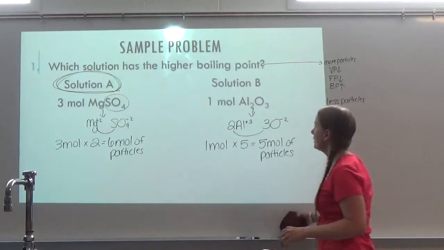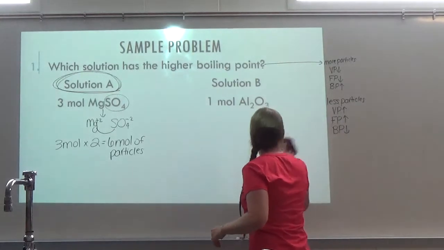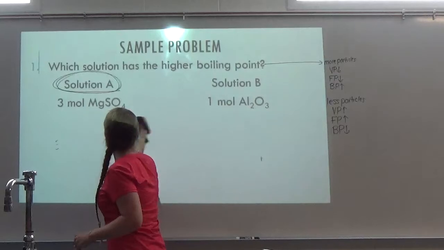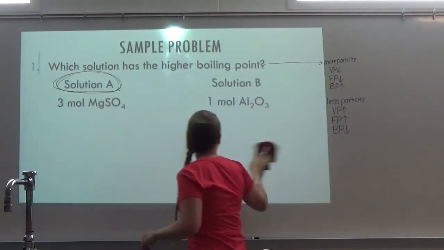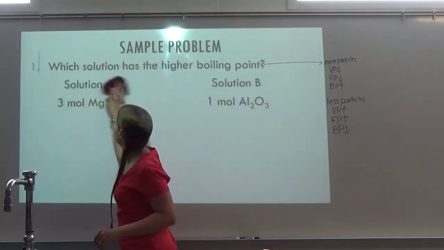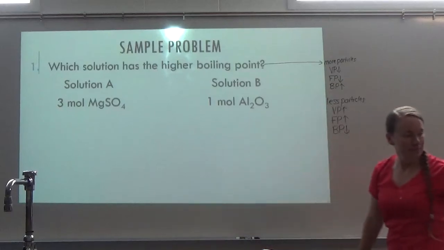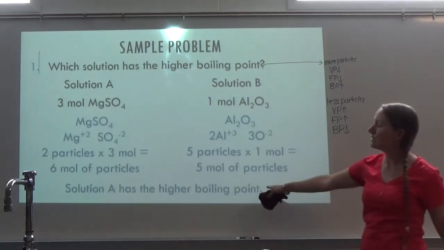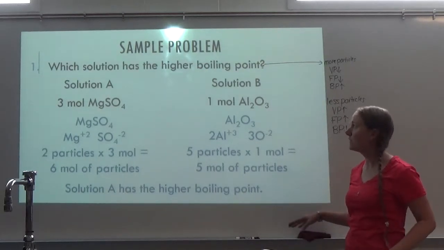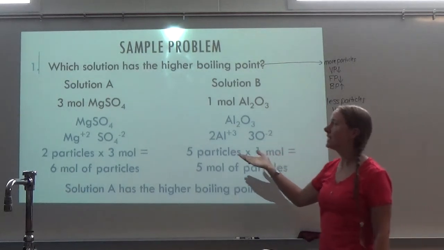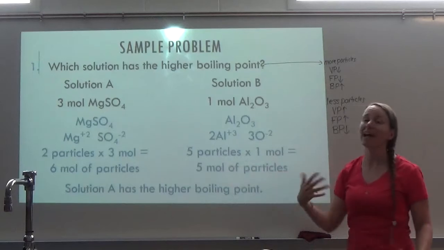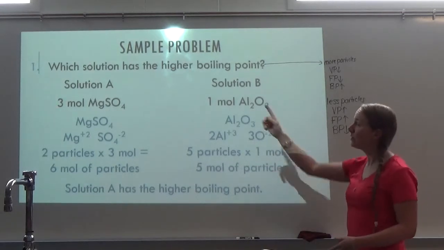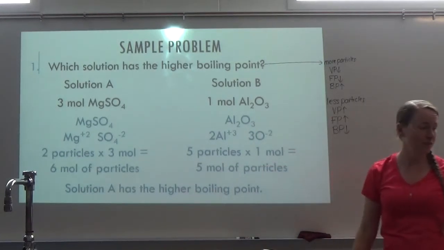So here, let me show you my work real quick again, because I know it's on my PowerPoint. Look. All right, and so we get 6 moles for the first one, 5 moles for the second, so solution A has the higher boiling point. Like I said, I know some of you were like, I would have said A anyway. You would have accidentally gotten it right. It's not always necessarily who has the highest number in front.